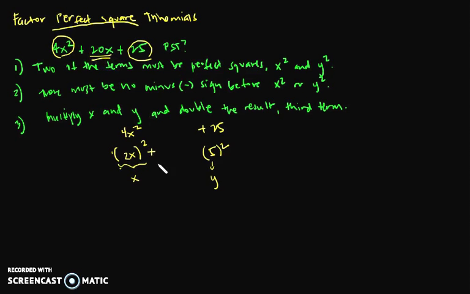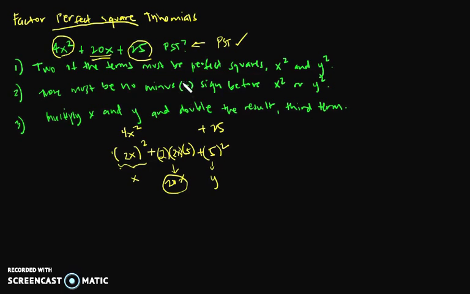That would be twice the product of x and y, that would be 2 times 2x times 5. So you have 2 times 2, that is 4, times 5. So we get 20x. So that is the third term. Therefore, we can say now that this trinomial is a perfect square trinomial.